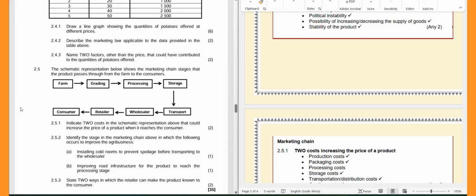Right. 2.5.1 indicate two costs in the schematic representation above that could increase the price of a product when it reaches the consumer. Right.